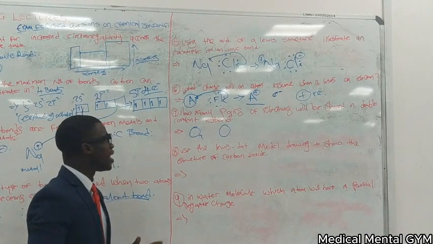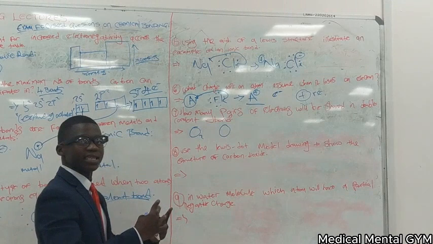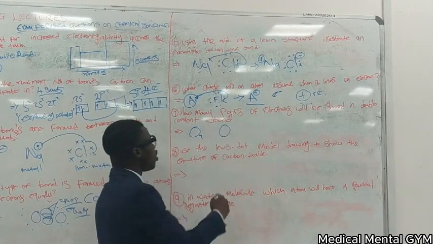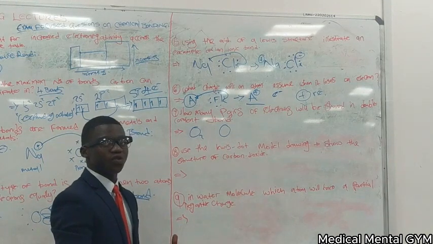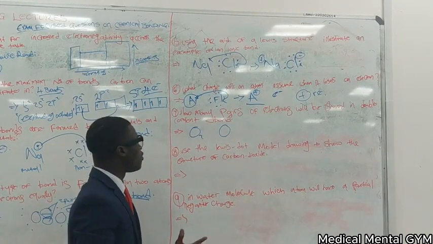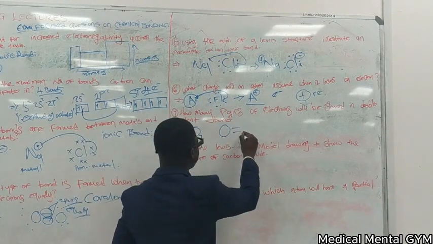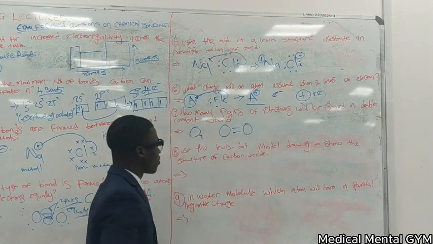As we have said, molecules want to reach a stable state. They always want to attain stability. So this oxygen atom will have a tendency of reacting with another oxygen atom to form a double covalent bond to attain stability. So this double covalent bond can be signified by these 2 lines.